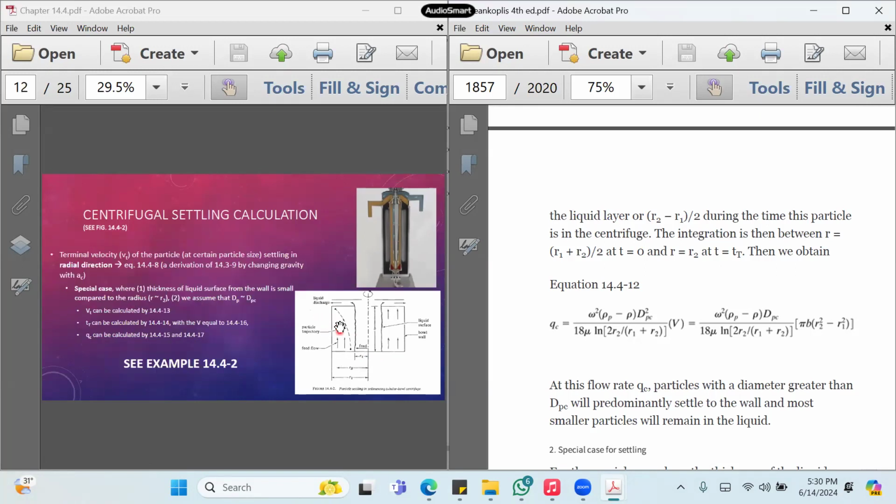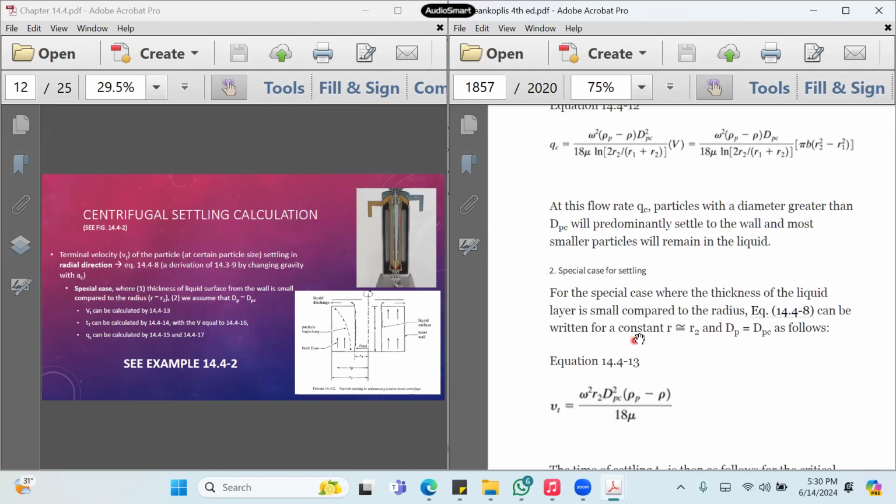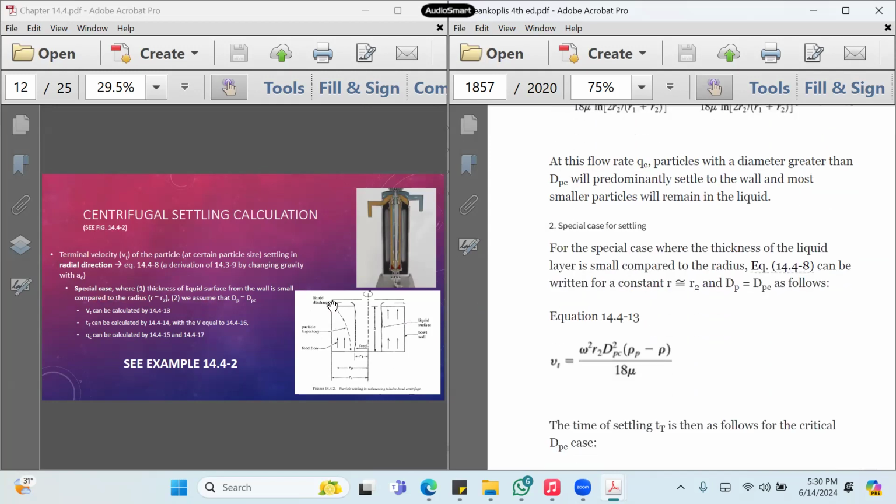Then we also have one special case for settling. The special case has two requirements. The first is that the thickness of the liquid from the wall is very small compared to the radius.